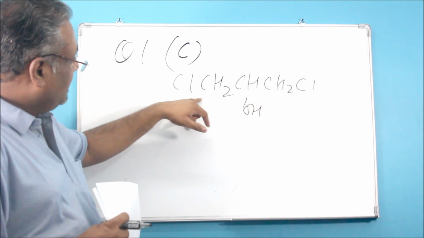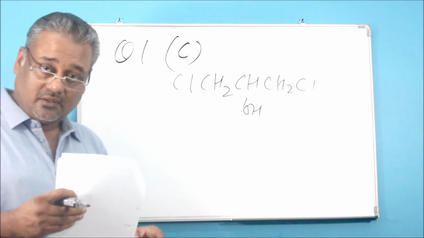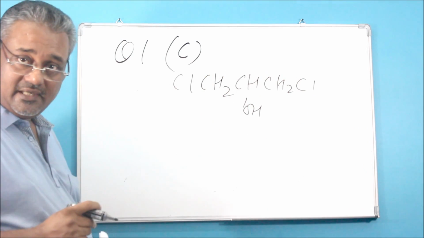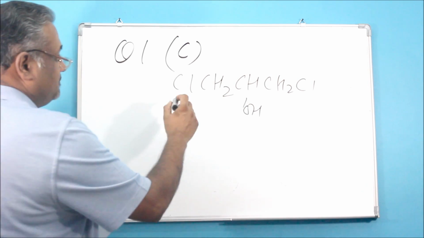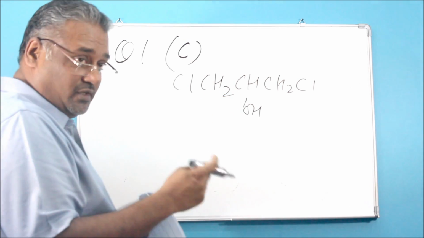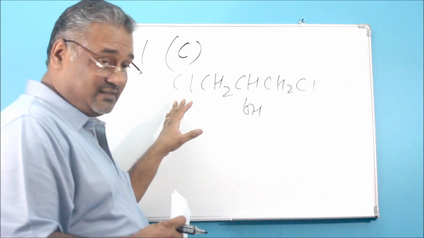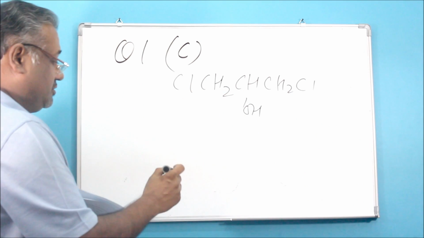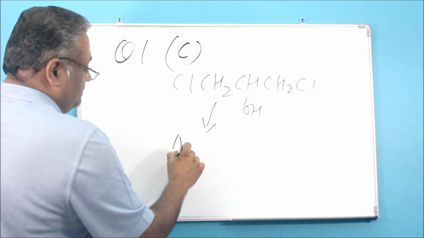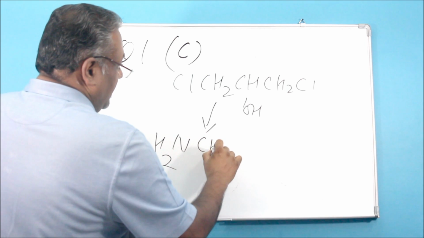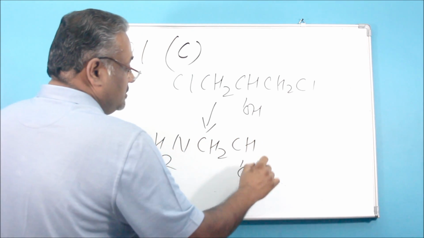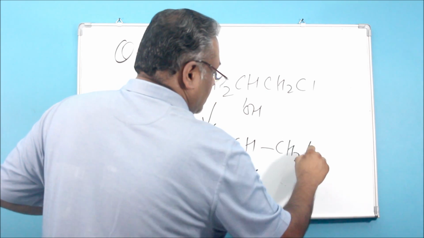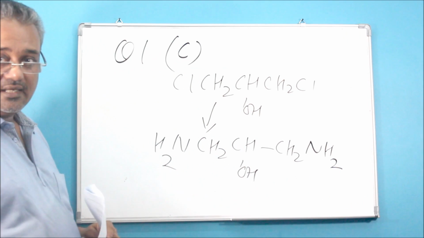Good to remember, primary halogenoalkanes basically undergo these kinds of reactions. So all you have to do is remove the Cl from here and replace it with NH2. So you end up getting 2 of these. Even though they gave you ammonia, it doesn't mean that you only have to remove 1 Cl. Wherever you find the Cl, it has to be substituted, and you have to put NH2 there. So the correct answer now becomes NH2 CH2 CHOH CH2 NH2. There you go. That's the answer to this question.